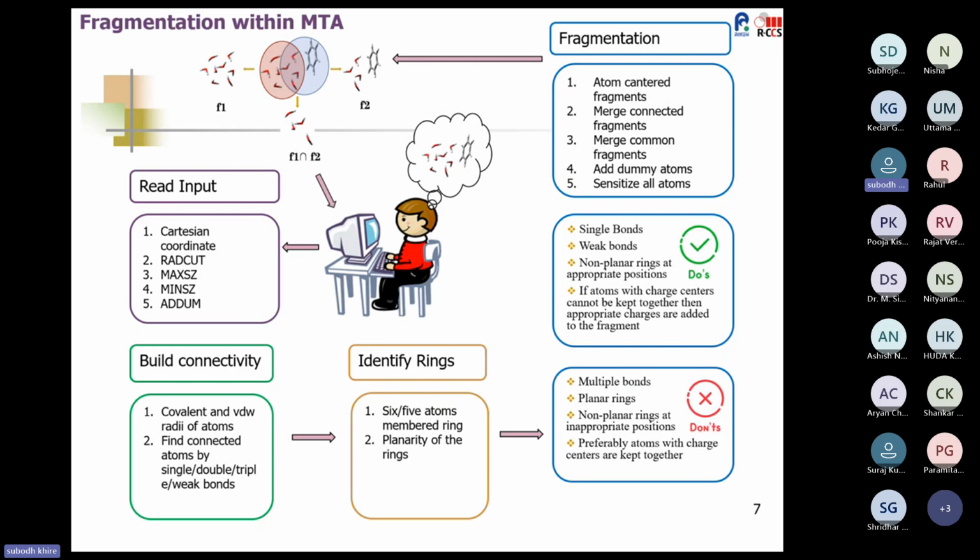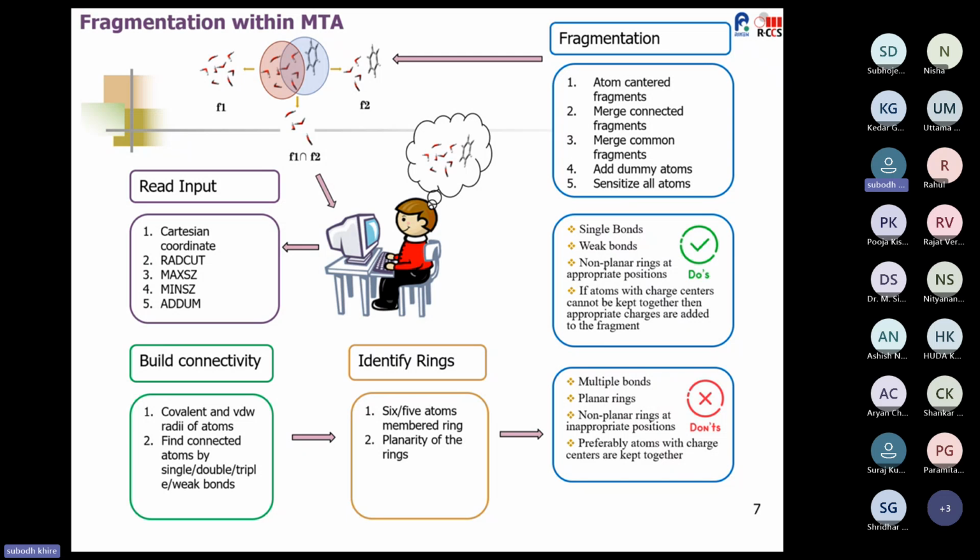During the fragmentation, this is the overall picture. First, it will take the Cartesian coordinates. Then it will use some user-defined parameters such as rad cut and max size. Rad cut is the distance cutoff for generating the fragment.